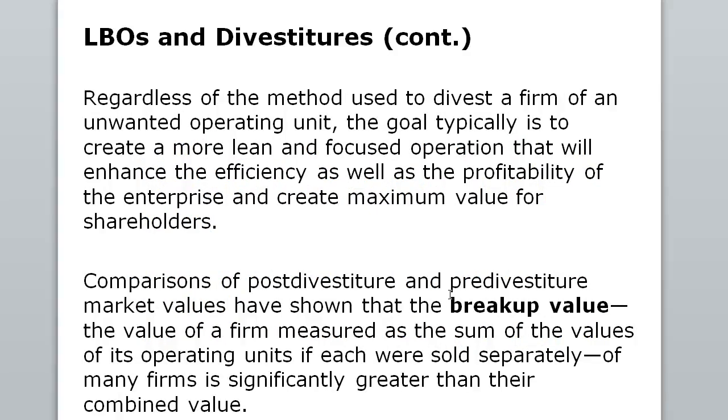So regardless of whatever method a company uses to rid themselves of an unwanted operating unit, the goal is primarily to create a more lean and focused operation, enhance the efficiency, profitability, and expertise, and create maximized value for shareholders.